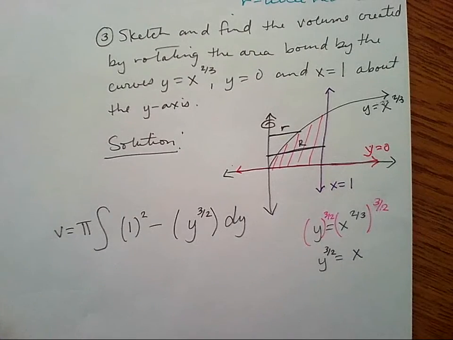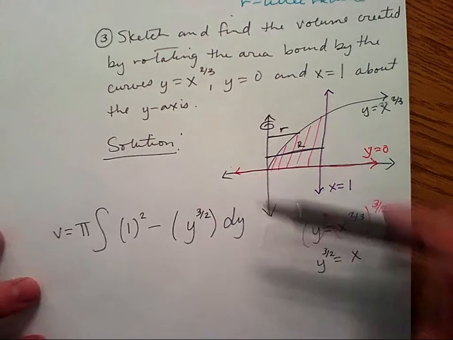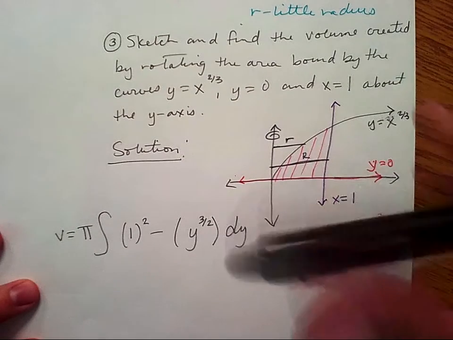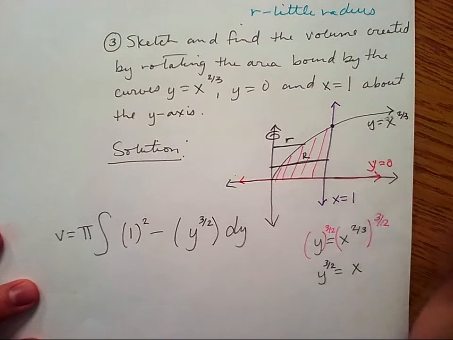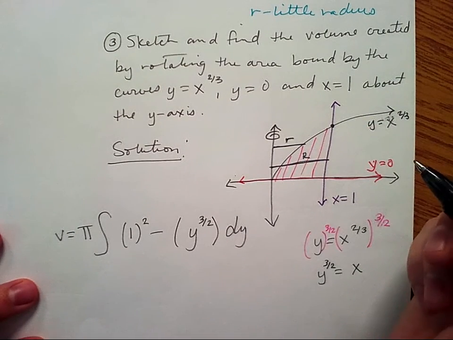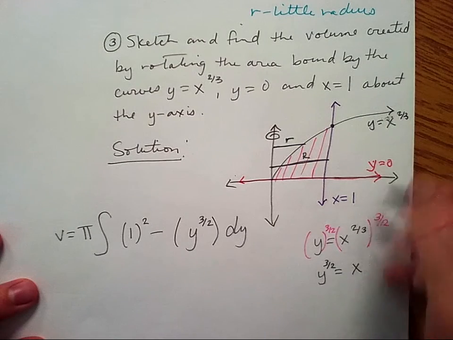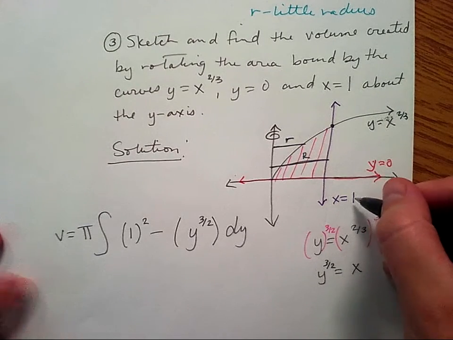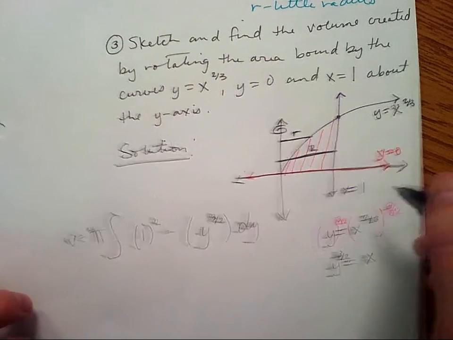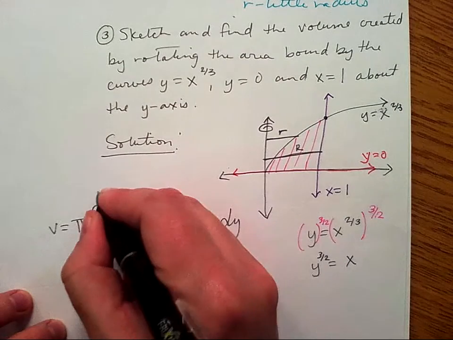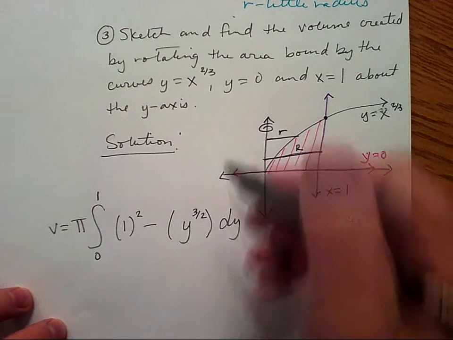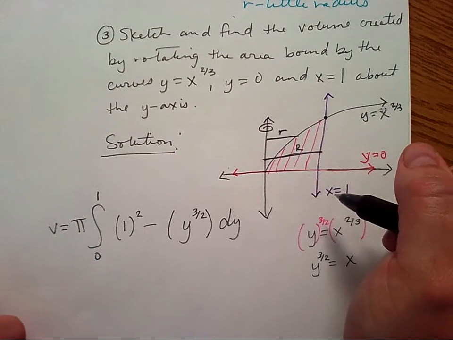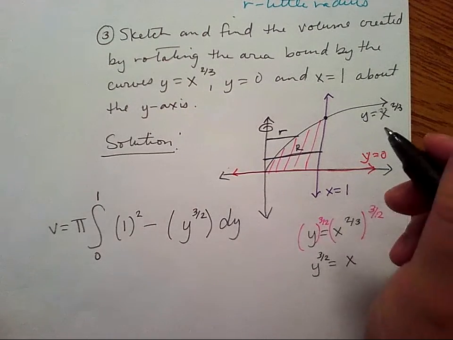And what are my bounds? I have from y equals 0. What's my y value here? 1 from this, right? From x equals 1. That's a y value. Oh, no, that's not right.